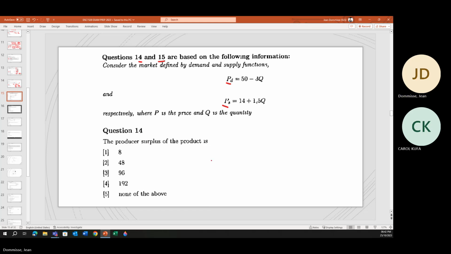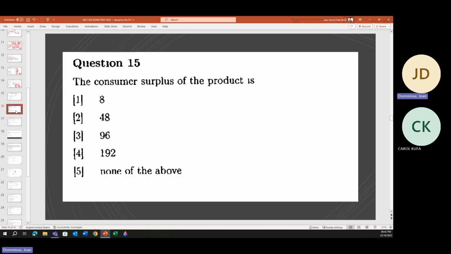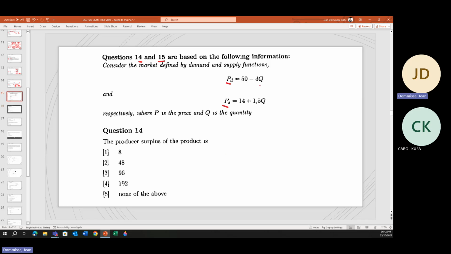Let me check what the other one is. The other one is actually consumer surplus, so they're asking us to do the producer surplus and consumer surplus.